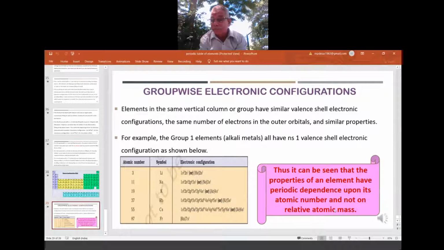Sushmita, you are active? Yes, sir. I think it's clear how to write using the Aufbau principle, group wise, period wise. Yesterday I received the first wish from Pallavi.